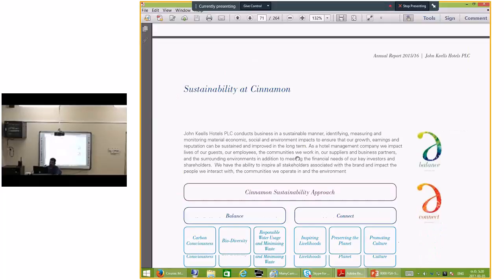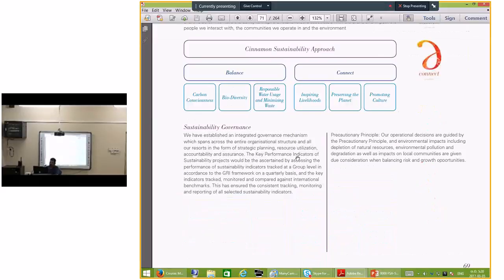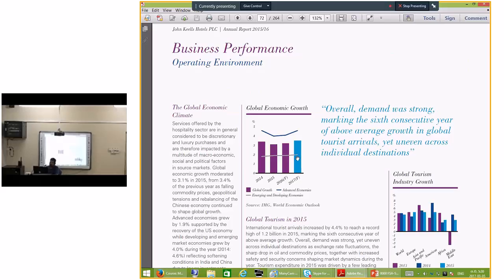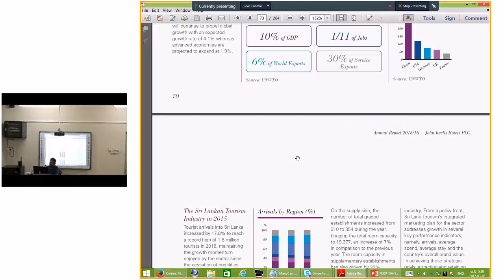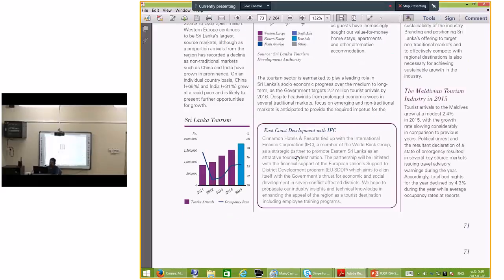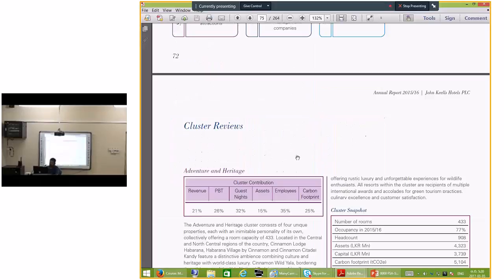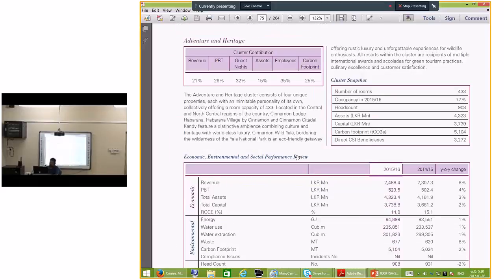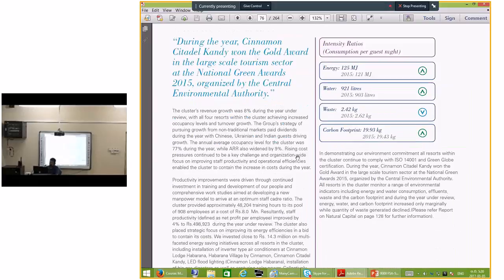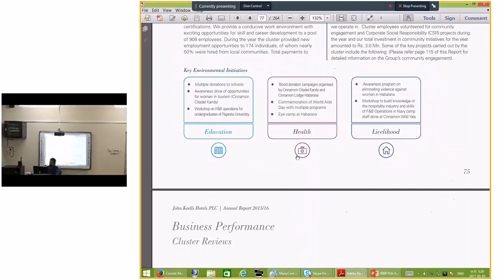Then the sustainability report, here business performance. Now again you can see attractive graphs and charts to show those details. Again business performance details here.